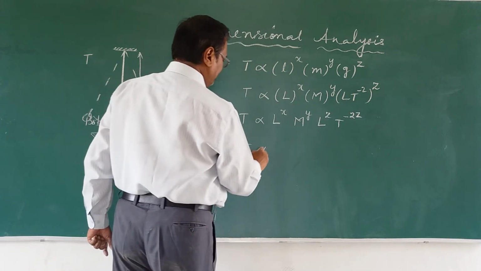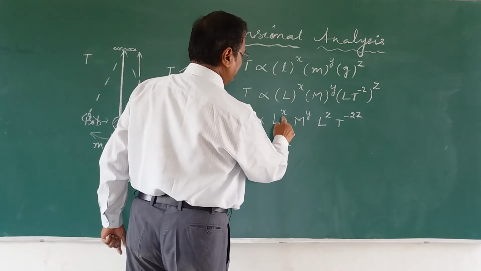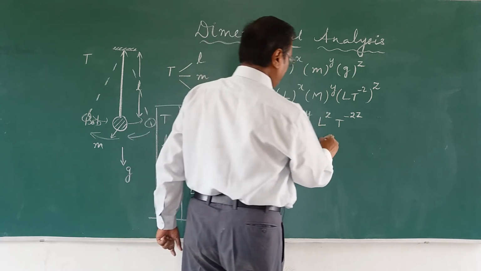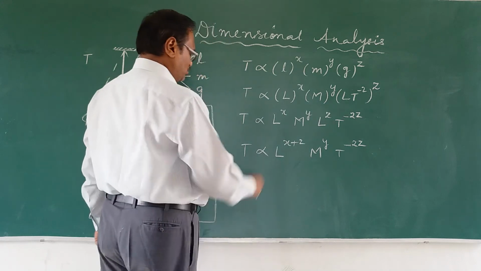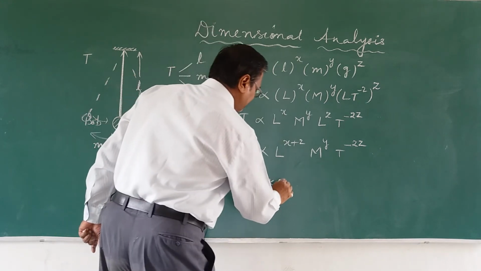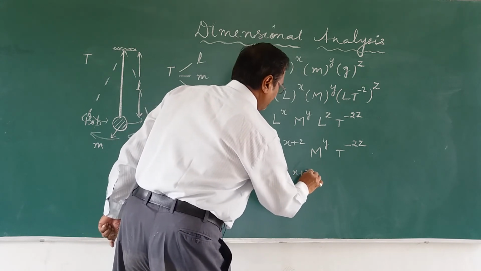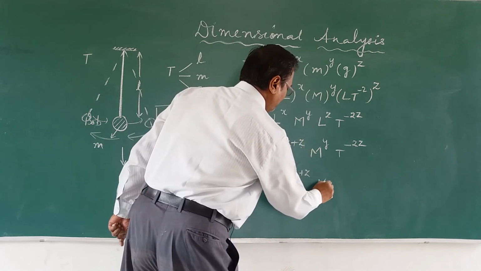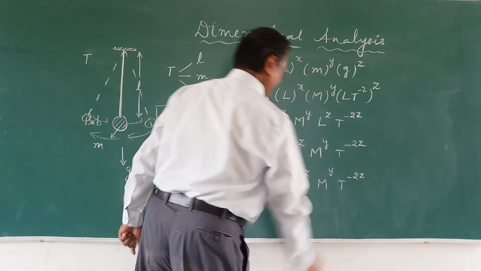Bring terms together: L power x plus z, M power y, T power minus 2z. So I can say T is equal to a constant k, and then L power x plus z, M power y, T power minus 2z.